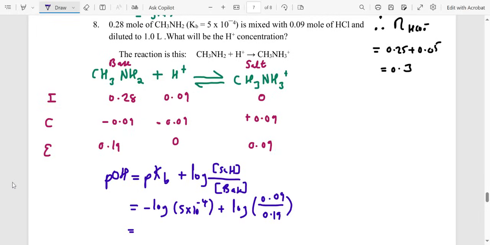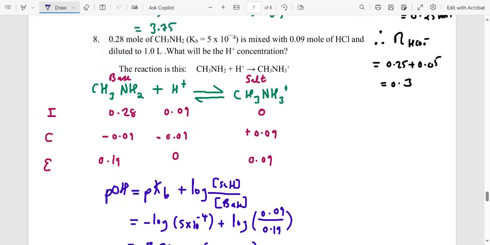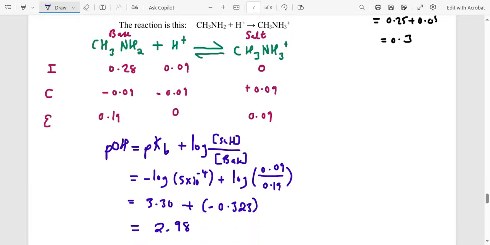So negative log of 5 times 10 to the power negative 4 is 3.30. Log of 0.09 over 0.19 is negative 0.323. So this punched on our calculator gives us a pOH of 2.98. Now that we know the pOH, the question is what would be the concentration of hydrogen.